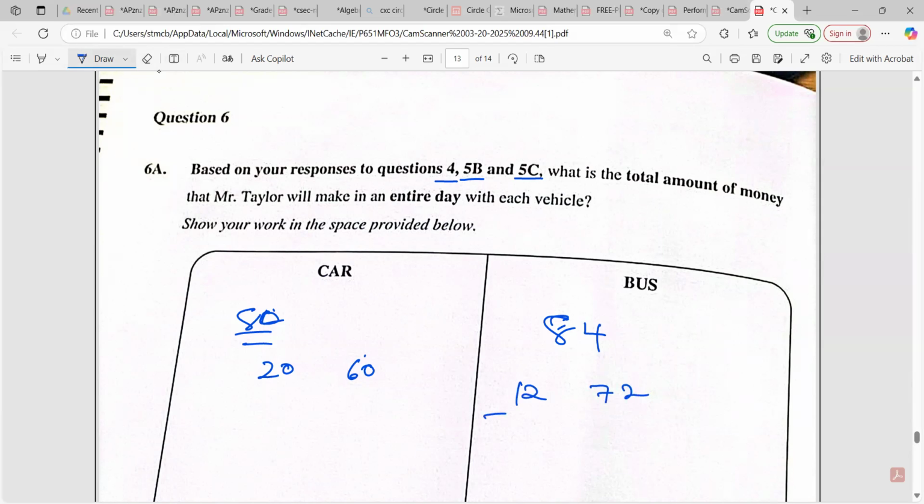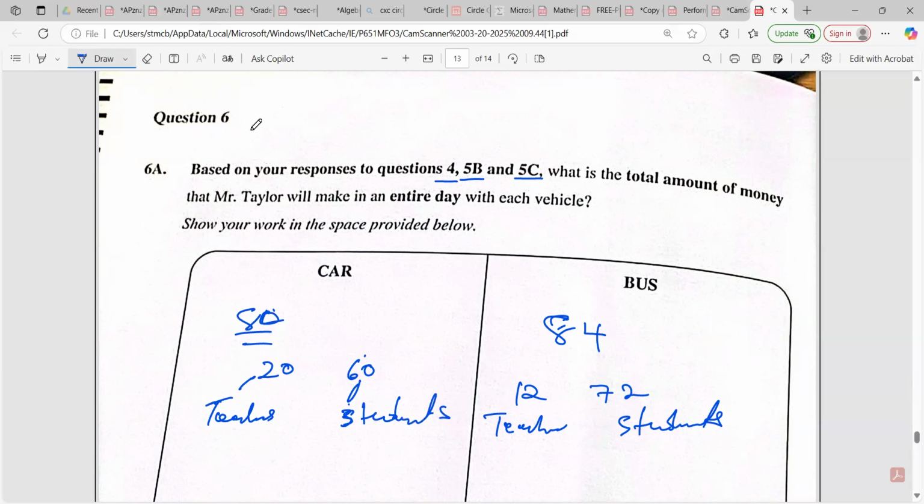So it's 12 teachers and 72 students for the bus, and for this one, 20 teachers and 60 students. Alright, so there we have it.